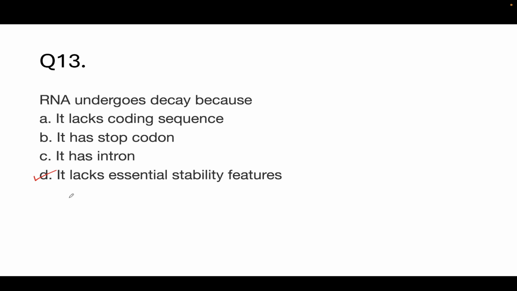Because of this reactivity it can act as a catalyst in the case of ribozymes, but it also has a negative impact on stability, because it reacts and mutates suddenly. Because of this, it lacks the stability feature, so that RNA undergoes decay.